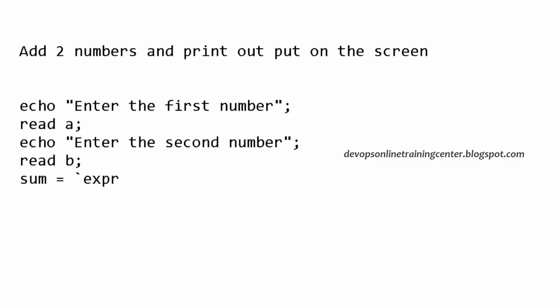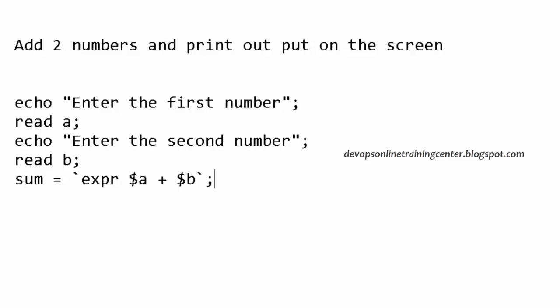Then we need to give the numbers. In shell scripting the placeholder is $. So $A. If you want to use a variable inside a shell script, or print it, we need to use a dollar sign. expr $A plus $B, and we close this. Okay.